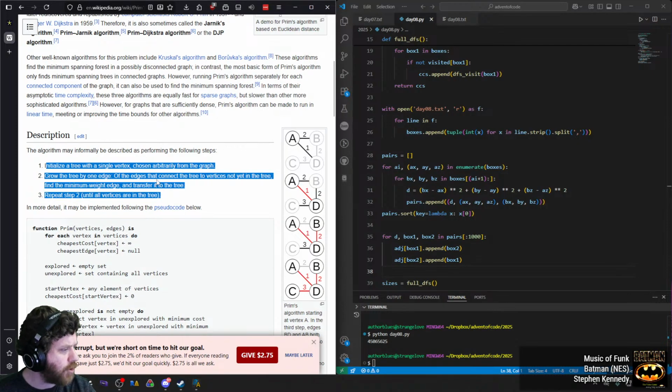Prim's algorithm starts with a single node and grows the tree from there. This is connecting shortest paths until the tree is fully connected.